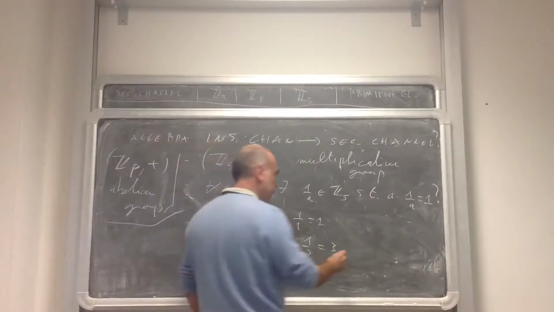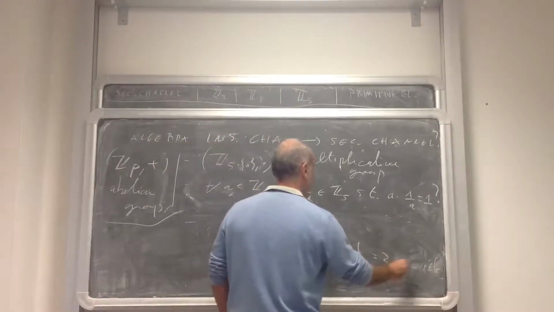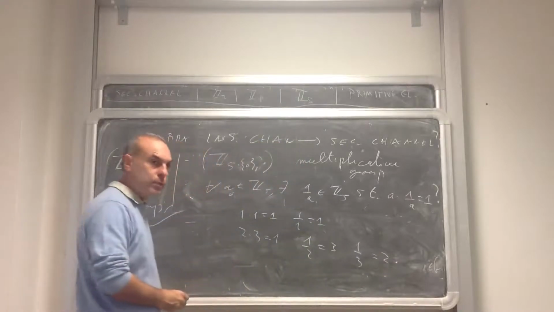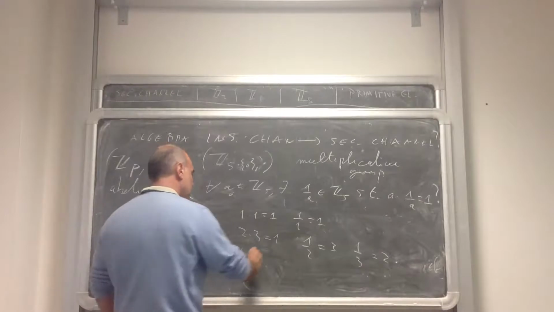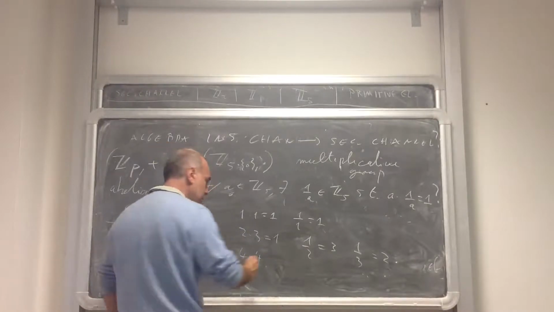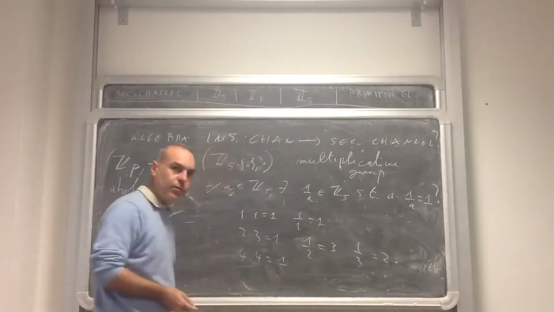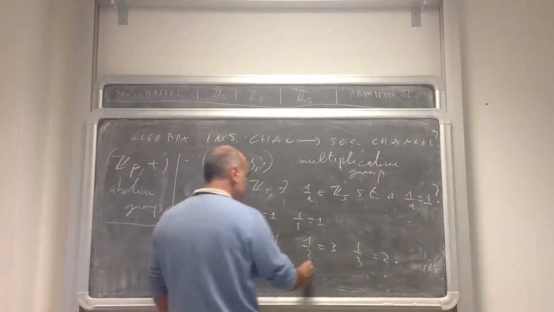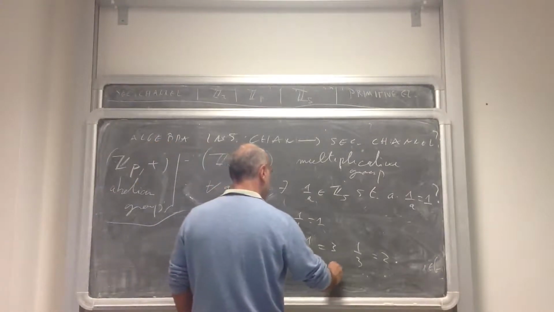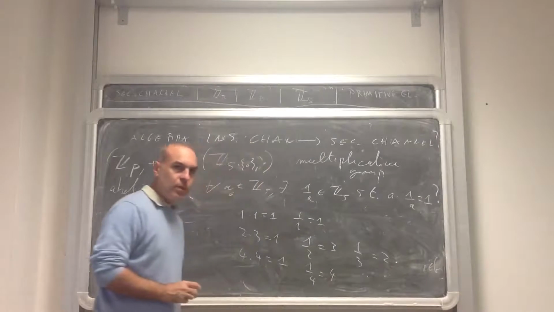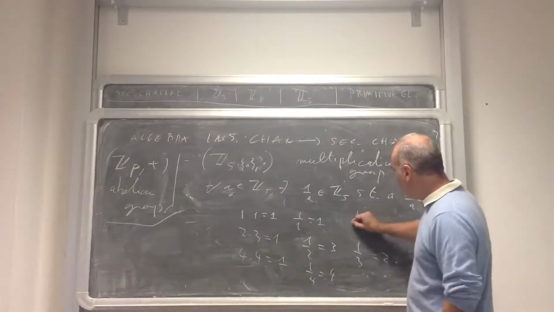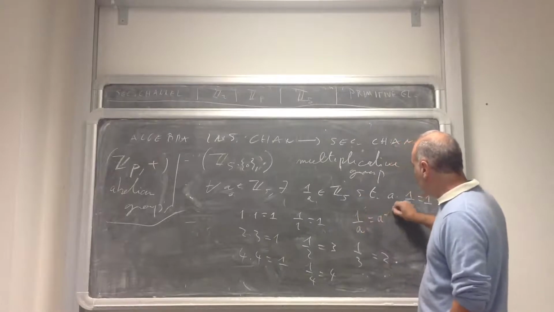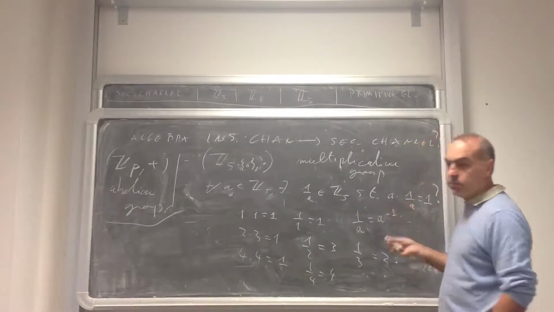And the inverse of 3 is 2. Now what about 4? Well, 4 times 4 is 16, which is 1 modulo 5. So the inverse of 4 is 4. Note that instead of writing 1 over A, we can write A to the minus 1. It's the same.